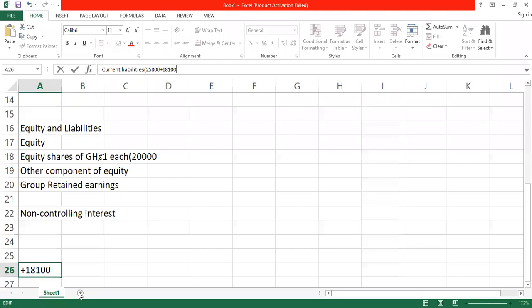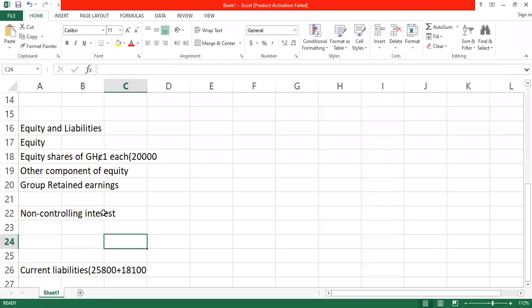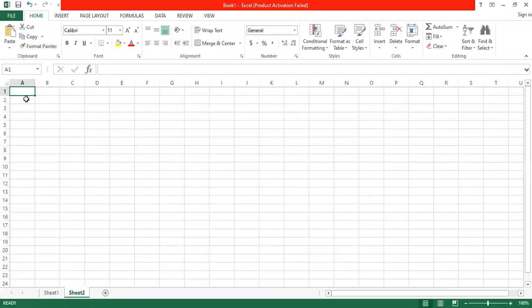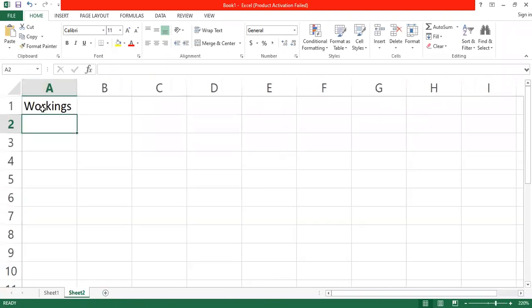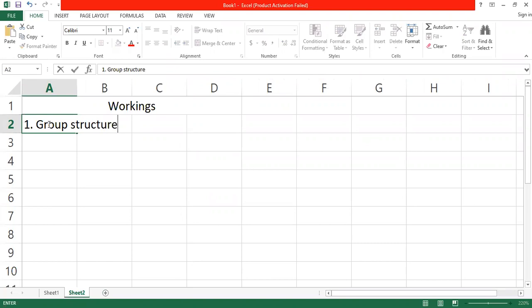I'll use a different sheet for the workings. So let's come to our workings. The first thing that we have to do is what? The first working is the structure. It was given in the question, but you still have to show it.